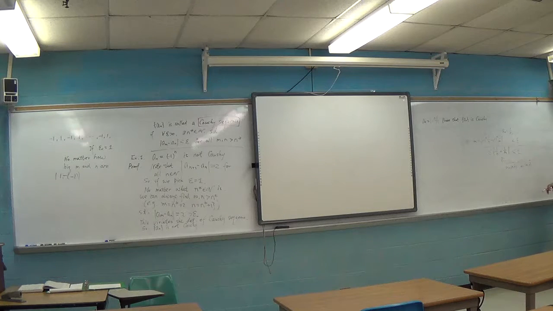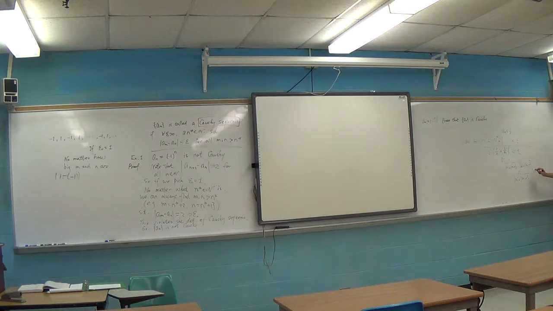Now this time I don't want to use the phrase without loss of generality to assume n is bigger or m is bigger. Pick the smaller one. Because for a fraction, the smaller the denominator is, the bigger the whole thing is. So this is true. Therefore, this just means 2 over the minimum of m and n.